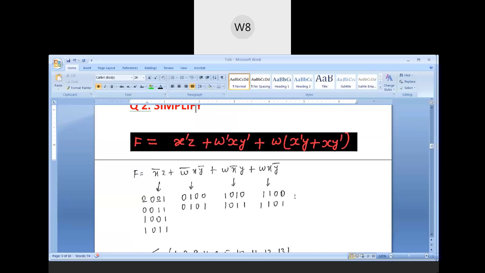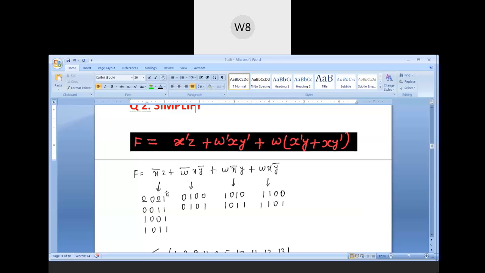But in this case, what we will do, which is the second technique of finding out the min term representation of the given function, for each of the terms, we will try to find out that combination of inputs for which this will give 1. So for example, x bar z will give you 1 whenever x is 0. So we have four variables here, w, x, y, and z.